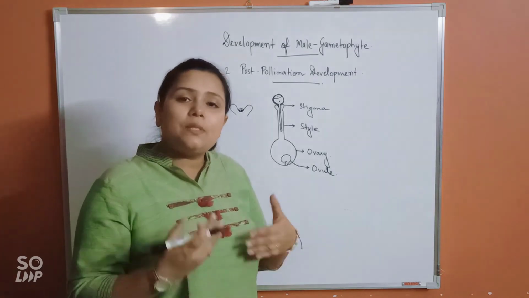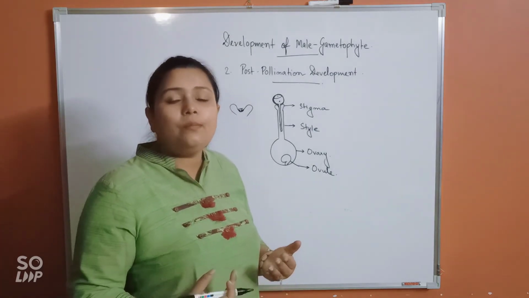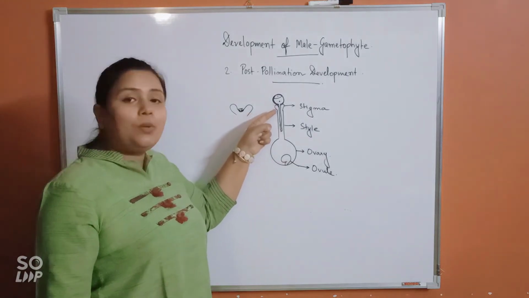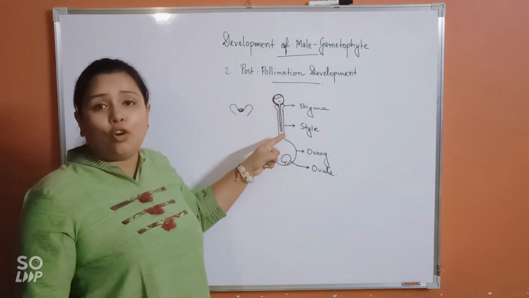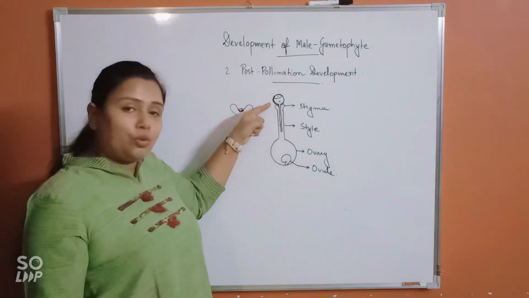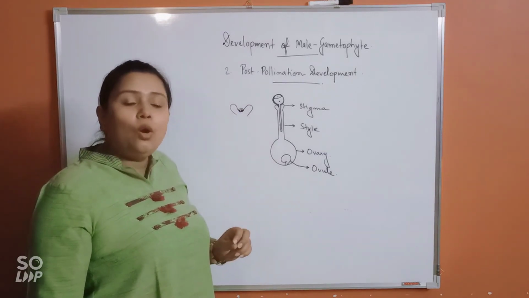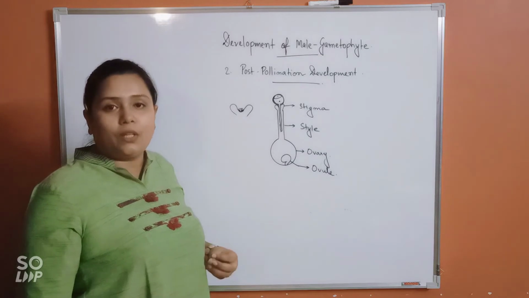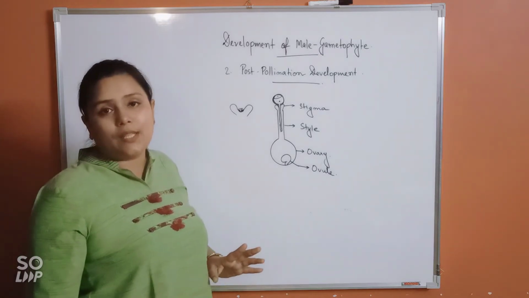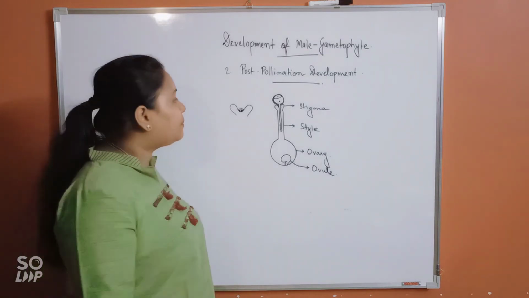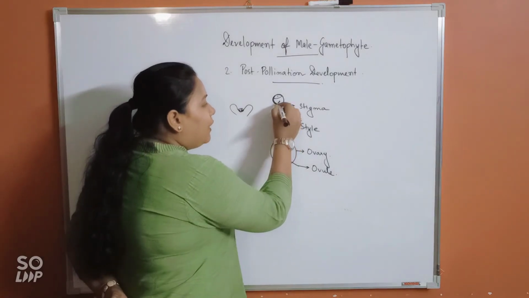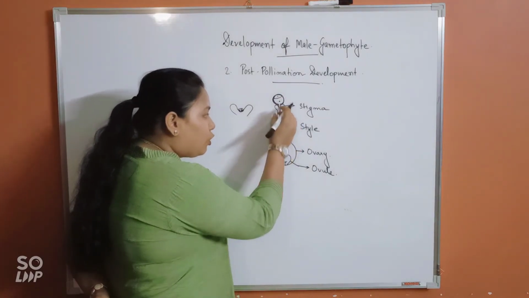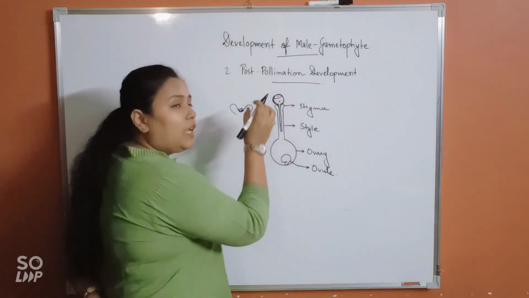So it has to keep secreting certain hydrolytic enzymes so that it can make a passage for itself while it moves through the style. Also, while it moves through the style, the pollen tube is going to take nourishment from the cells of the style.